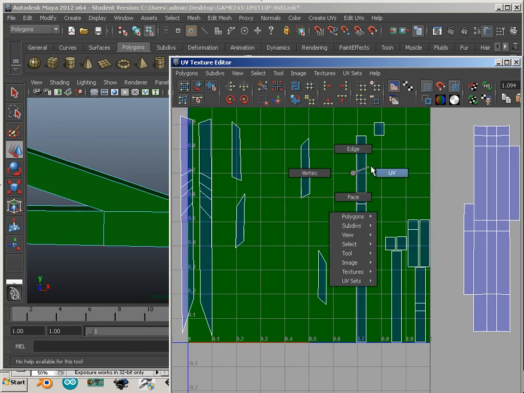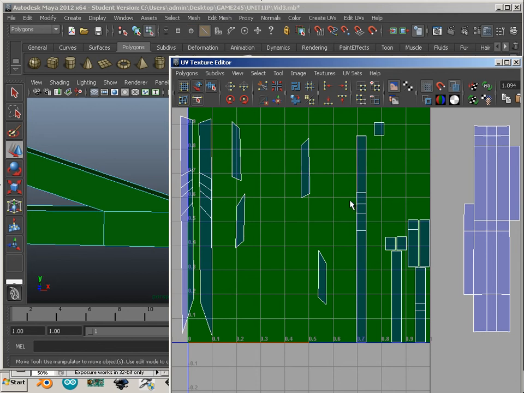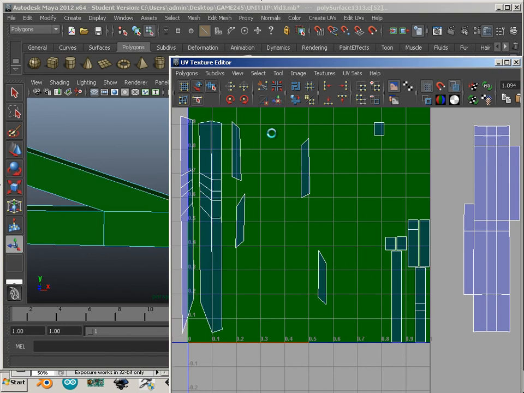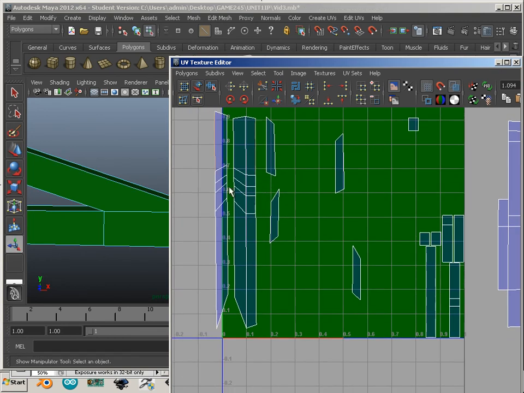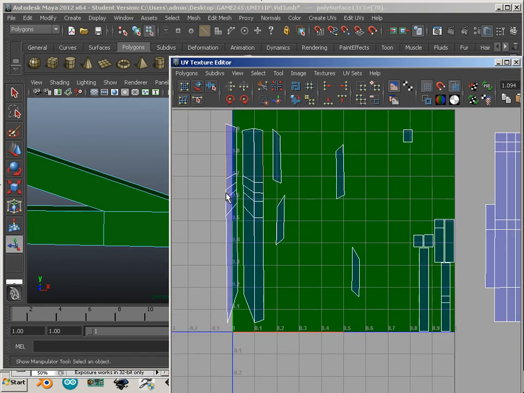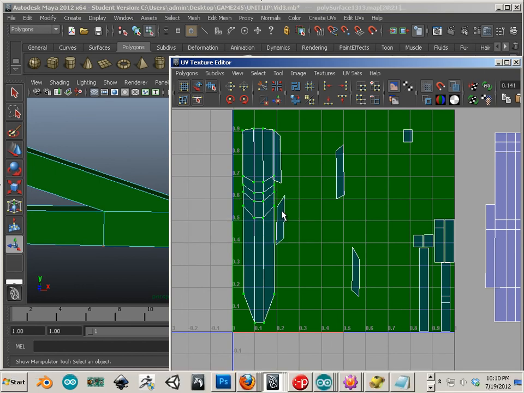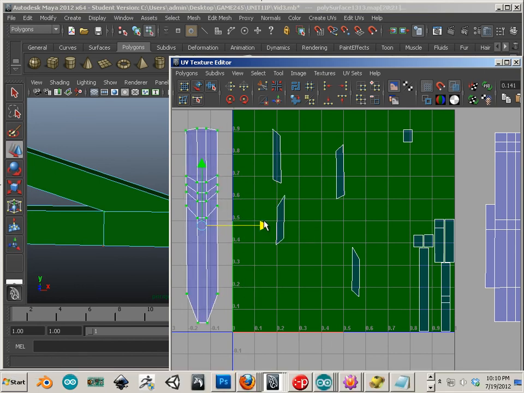Alright, so what do we got left? A bunch of stuff. Okay, these can be joined. And I bet you these can be joined too. Good. Again, keep the point, leave it alone, and let's move this over here.